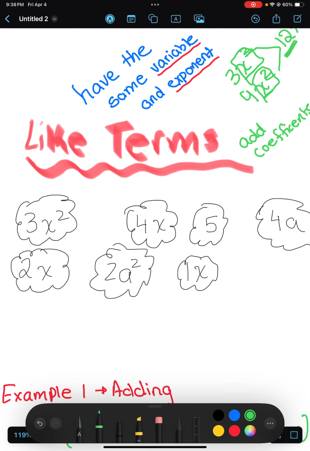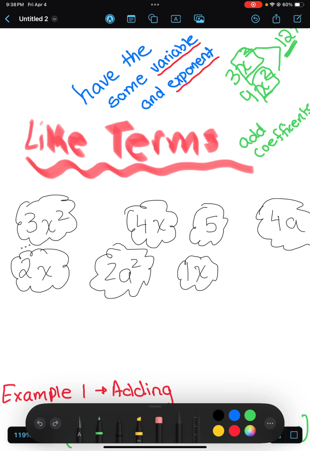Okay, let's look at the first one. So we have 3x squared. Let's see if we can combine it with something else. I can't combine it with 4x because, yes, I do have the same variable, but I don't have the same exponent. I cannot combine 3x squared with 5. I cannot combine it with 4a because that's a totally different variable.